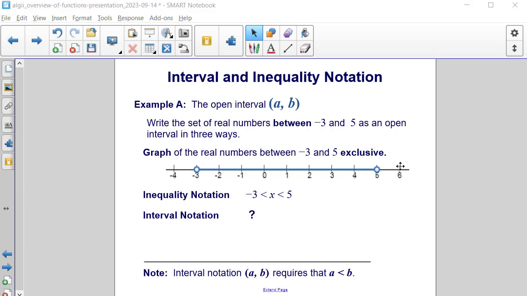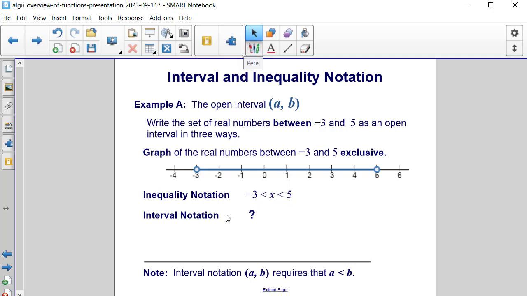The graph is the first way to represent the real numbers between -3 and +5 exclusive, meaning we are not including the endpoints. So that would be an open circle on -3 and an open circle on +5, and then the shaded area or the included area is between these two values. Written as an inequality, it would be -3 is less than x, which is less than 5.